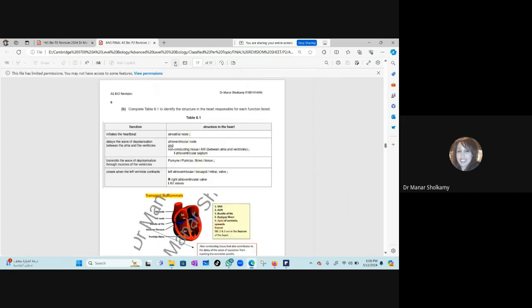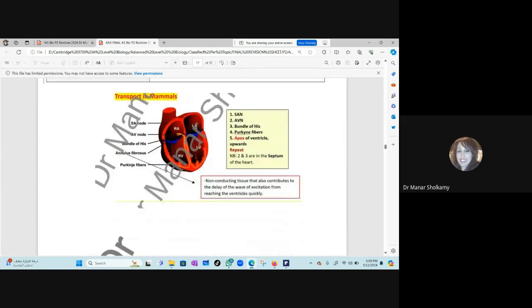You don't have to know its name, but there is a tissue here. So this is the sinoatrial node somewhere here. Look at my arrow because I cannot write here. The sinoatrial node is going to release a wave of excitation. It's going to cause both atria to contract. And then this wave of excitation is going to reach the atrioventricular node here in the septum of the heart that is going to cause a slight delay.